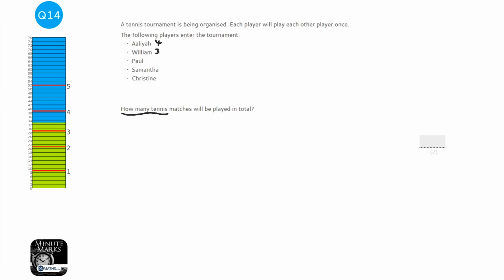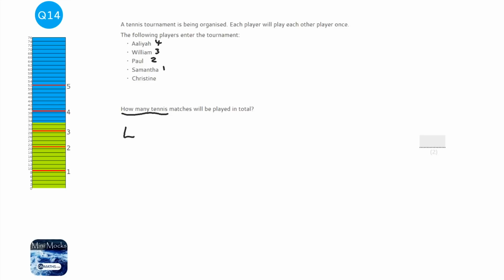Then Paul, we've already counted his match with the other 2, so he's only going to play Samantha and Christine, other than his matches we've already counted. Samantha's only got Christine left to play after we counted all the other matches. And Christine's matches have already been counted so far.